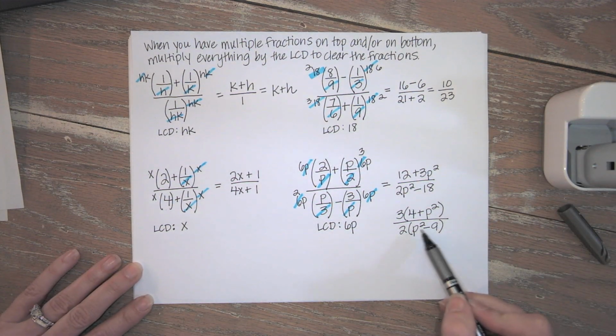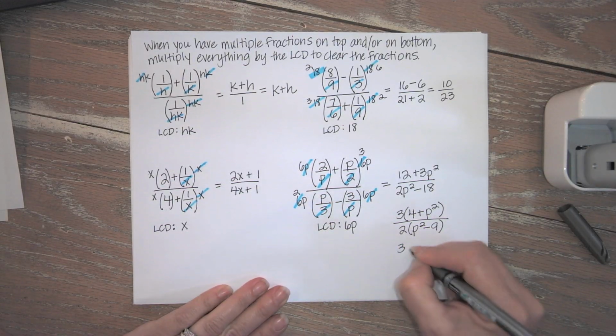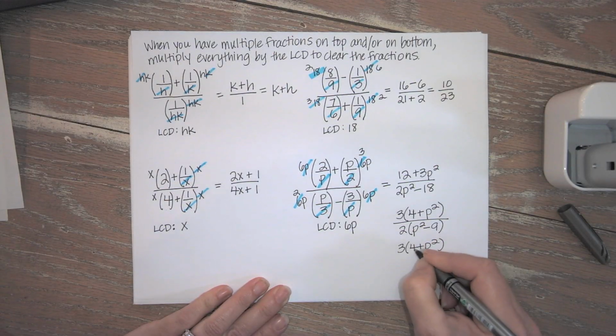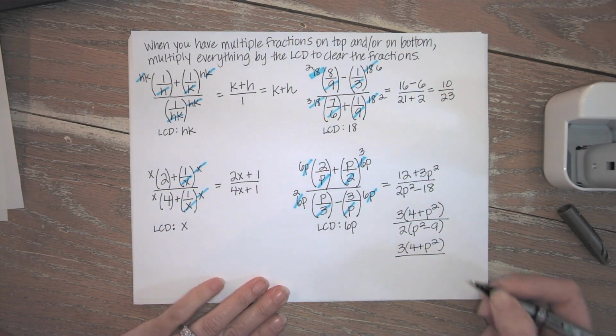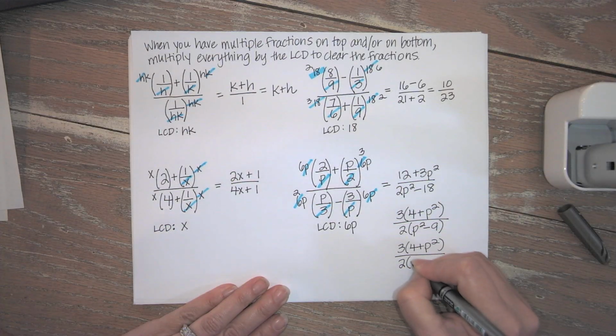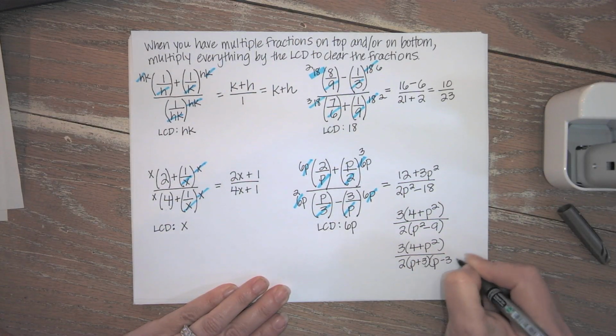And then hopefully you recognize p squared minus 9 as the difference of squares, which means it can be factored further. The top cannot, because this is the sum of 2 squares and we do not have a way to factor that. But the difference of 2 squares, that will factor to p plus 3 and p minus 3.